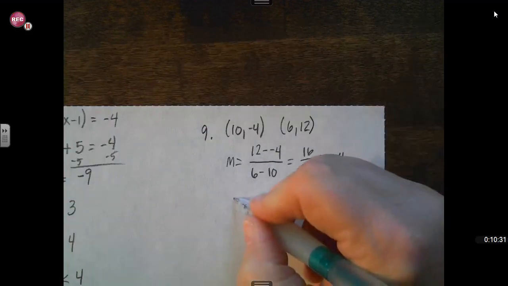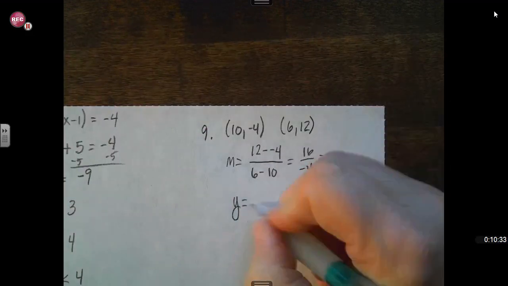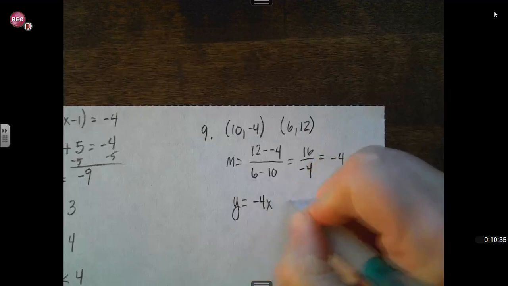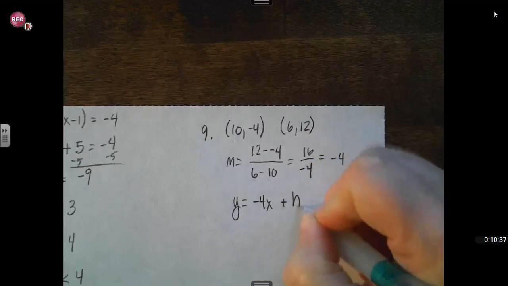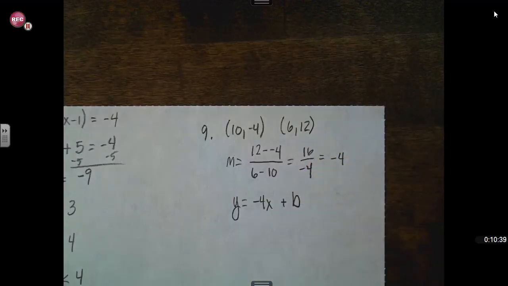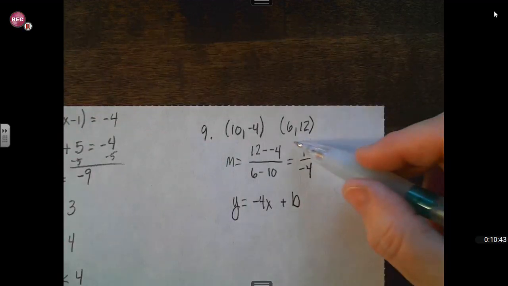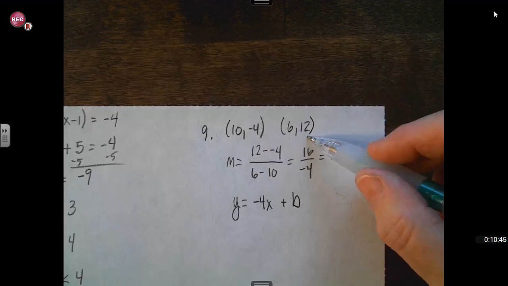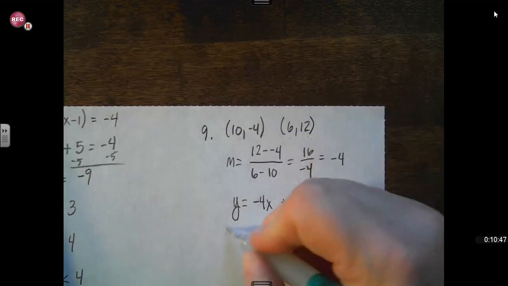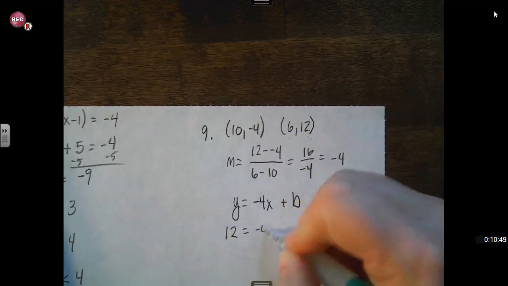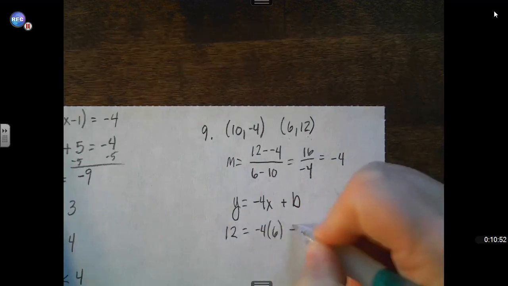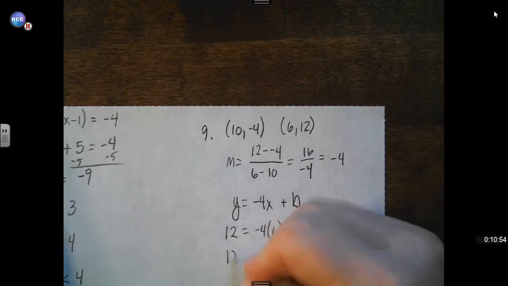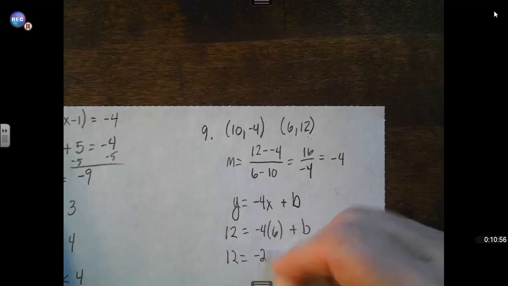So we use slope-intercept form. Y equals negative 4x plus b. Then to find b, I plug in one of my points. I'm going to plug in 6 for x and 12 for y because those are both positive. So I'll have 12 equals negative 4 times 6 plus b. 12 equals negative 24 plus b.